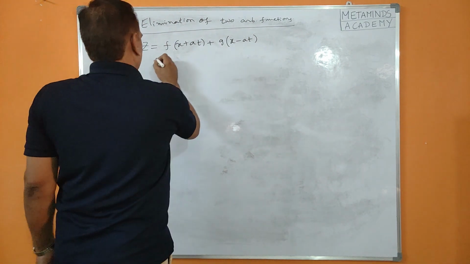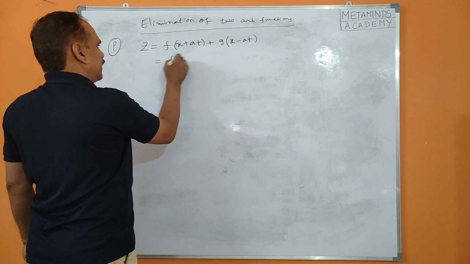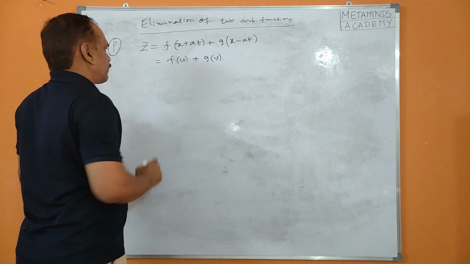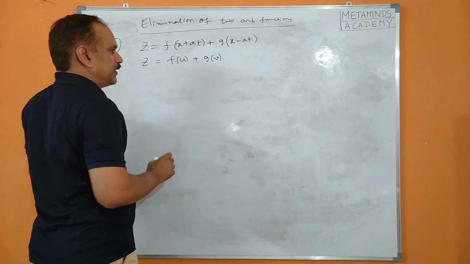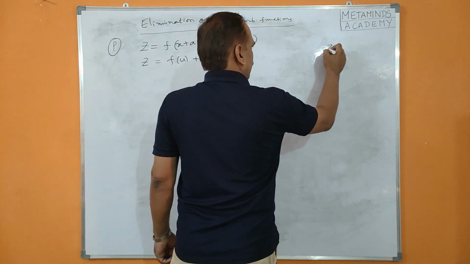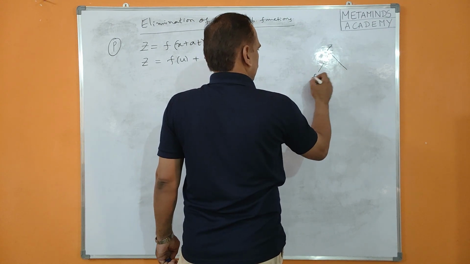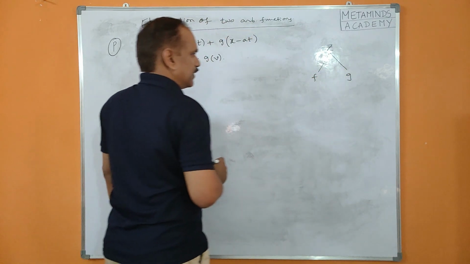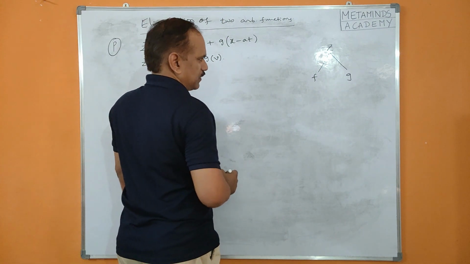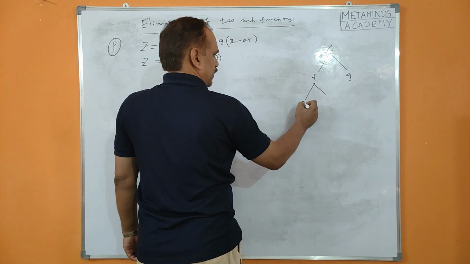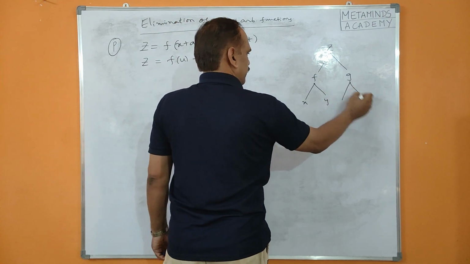Right. Now you can write this as z equal to f of u plus g of v. That means z is a function of f and g. F is a function of x, y, g is also a function of x, y.